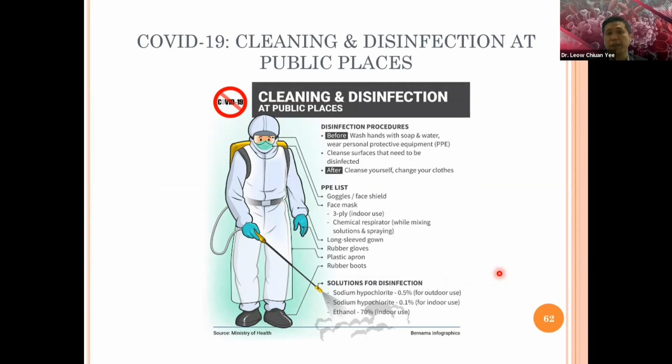As the KK authority has highlighted, we need proper goggles or a face shield, a 3-ply face mask, a long sleeve gown, rubber gloves, a plastic apron, and rubber boots. After use, they all need to be taken off in a safe way, not by touching the contaminated items with your own bare hands.